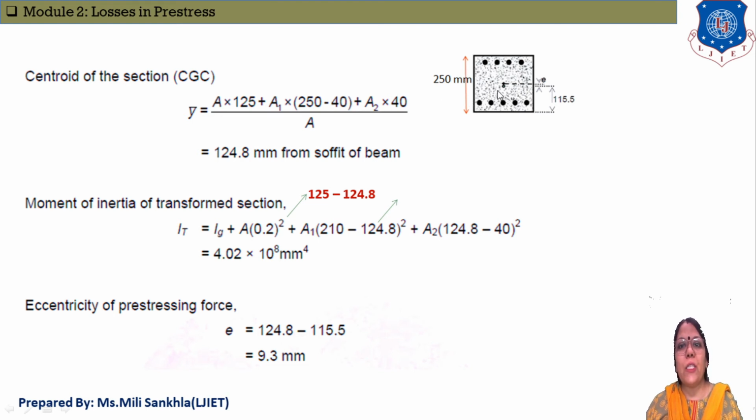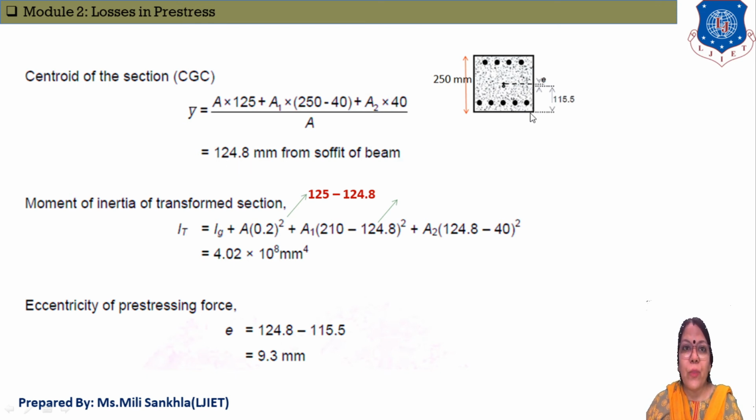Then A2 is equal to, again here bottom bar 5, into our single area, then multiply by y2, this bottom soffit distance y2 is 40, and A is equal to total summation that we already found out. Gross area plus top wires, bottom wires, and after dividing this, my answer is equal to 124.8 from the soffit of beam.